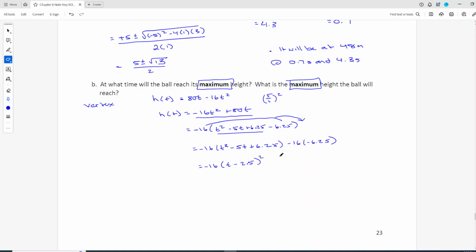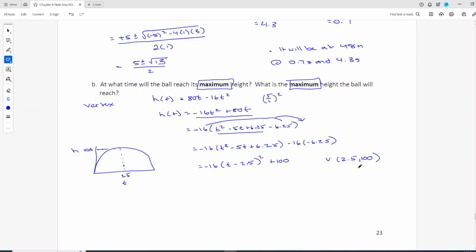And then I've got 6.25 times 16, and I get plus 100. This would tell me that my vertex is 2.5 and 100, which says that at 2.5 seconds, that's my time, I would have a maximum height of 100 meters.